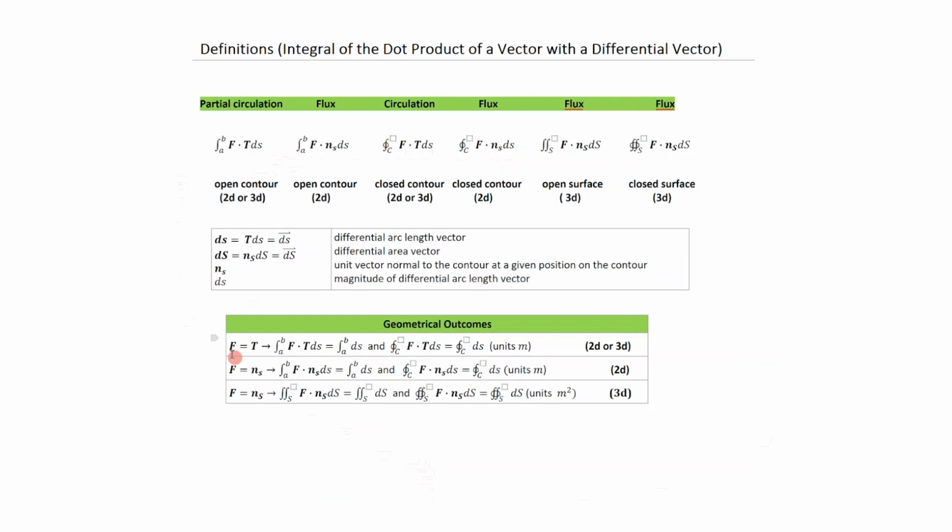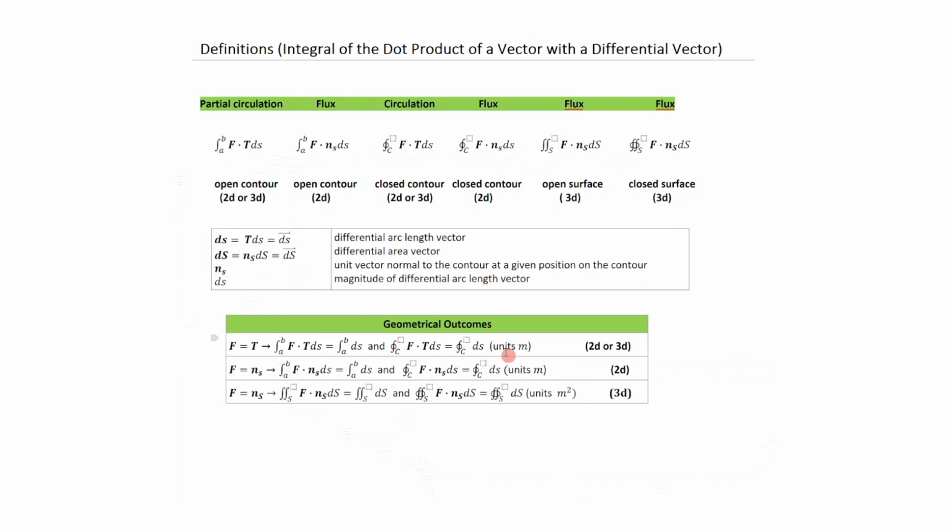If I take f and let it be equal to t, just for the sake of argument, then if I substitute for f in this expression, I have the dot product between two unit vectors, so I'm just left with integrating from a to b, ds. What is that? That's just the length of a curved line between two points. If it's a closed contour, then this would be the total length or circumference of the object or closed contour in question. Now the units of this, of course, would be meters.